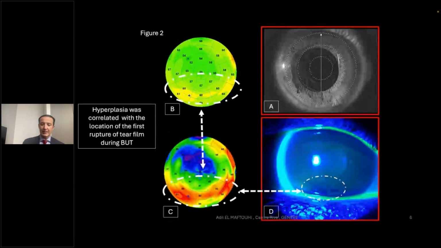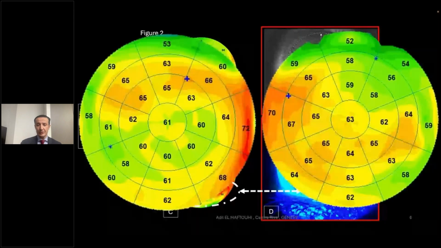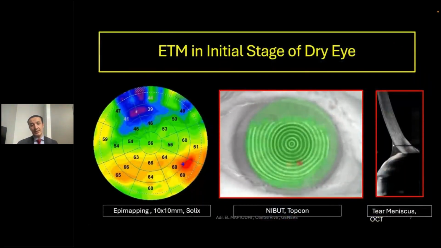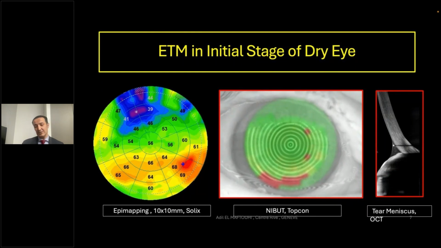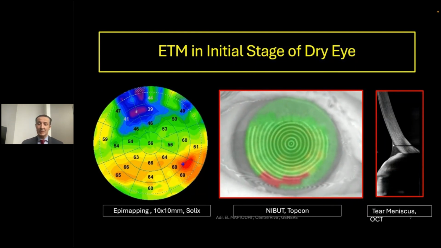It's approximately always in the same area, and sometimes hyperplasia can occur in other locations depending on the chronic disease. And look here, with an IBUT, you can make a correlation, and look, the first rupture of the tear film occurs in the same area of this hyperplasia, like you can see in this epimapping of 10 millimeters performed by Solix.